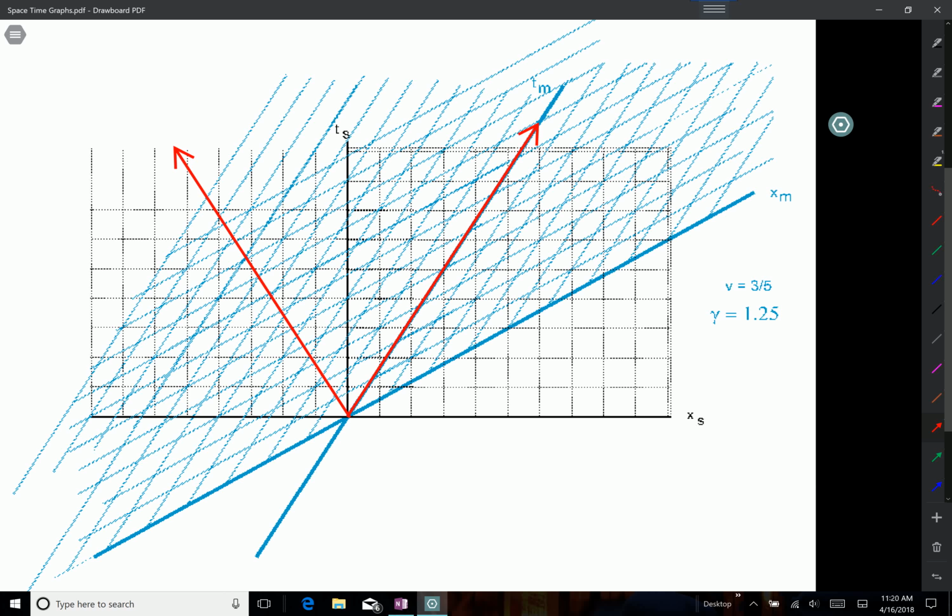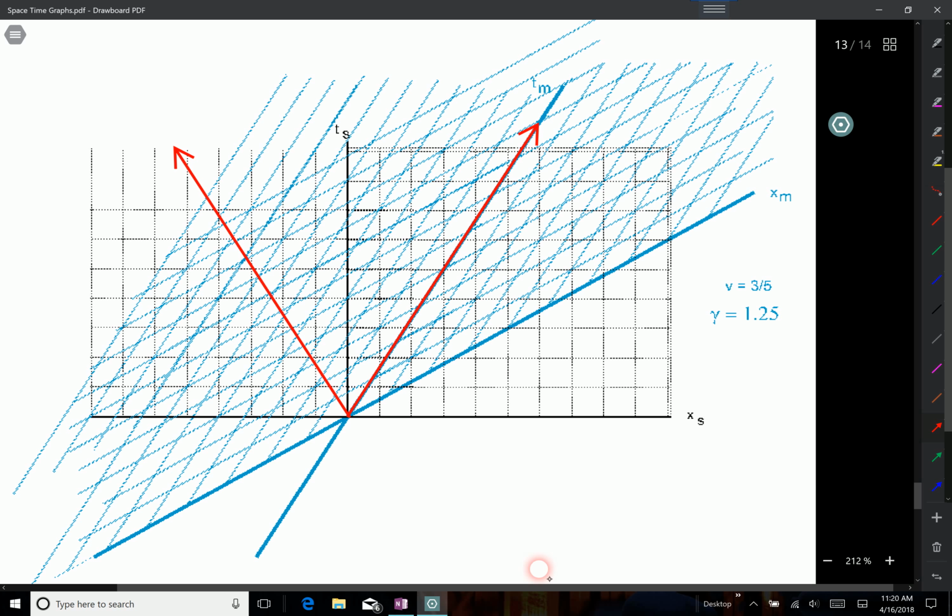So there's a ship flying to the left, one flying to the right, and we want to measure the velocity of this ship as measured by this observer. I have an event dot here, and I have an event dot here.